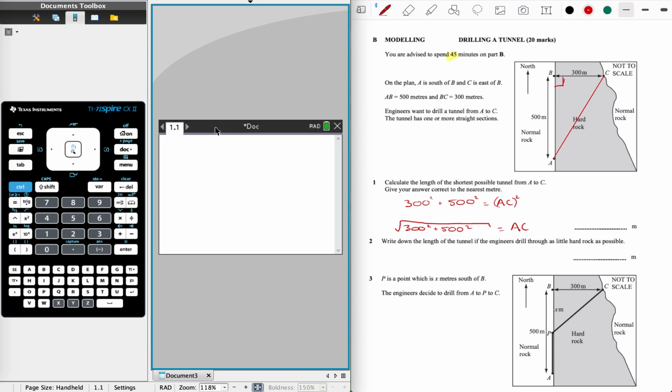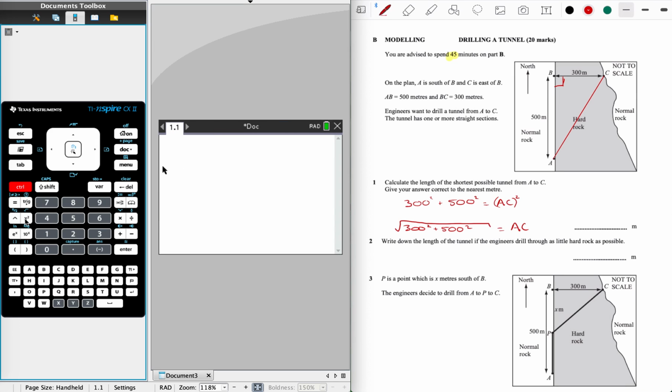So new calculator, square root of 500 squared plus 300 squared. I've turned it the wrong way around, but it doesn't matter. And we're getting 583.095. Now let's look at the detail here.